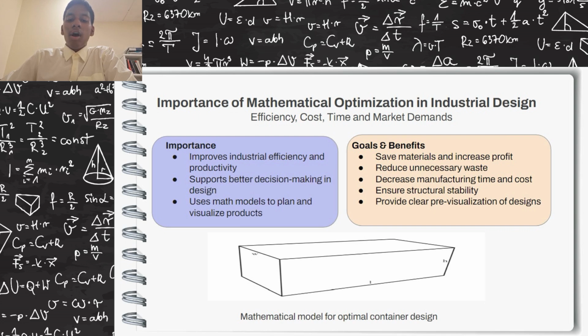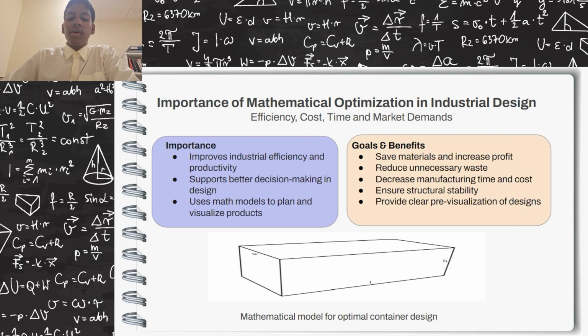For example, optimization helps save materials, which directly increases profit because less money is spent on unnecessary resources. It also cuts down on waste, making the whole process more environmentally friendly. Time is another big factor at play here, as companies can manufacture products faster and avoid delays, which reduces overall cost.